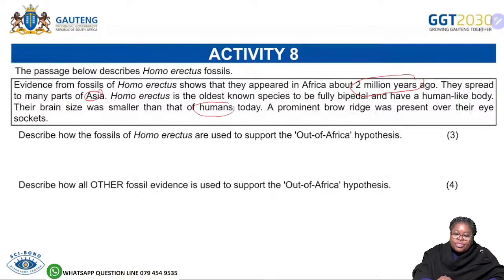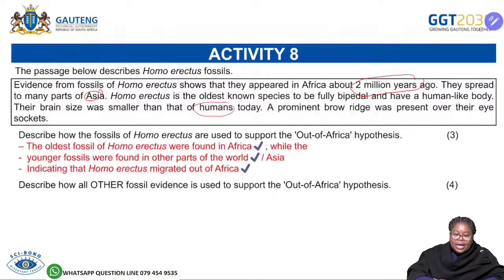Describe how the fossils of Homo erectus are used to support the out of Africa hypothesis. For 3 marks, you describe the fossils of Homo erectus. Remember, you respond based on the passage that is given. This is the way you need to respond. The oldest fossil of Homo erectus was found in Africa, we are told in the passage, while the younger fossils were found in other parts of the world or in Asia.